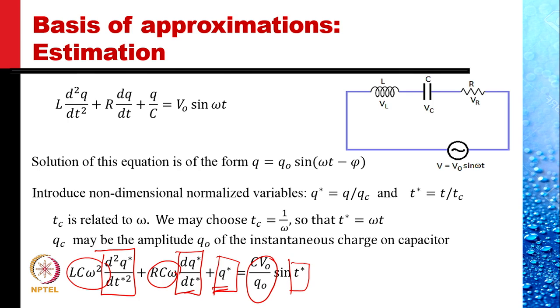So, the ratio of the voltage drop across the inductance to the voltage drop across the capacitance is LC omega square. But let us look at this expectation that the derivatives are also of order 1 in a little more detail.